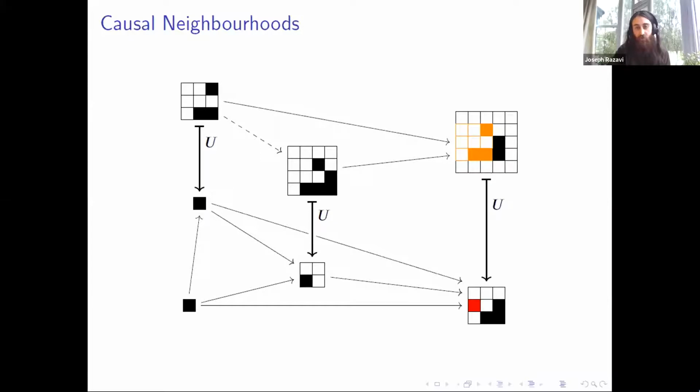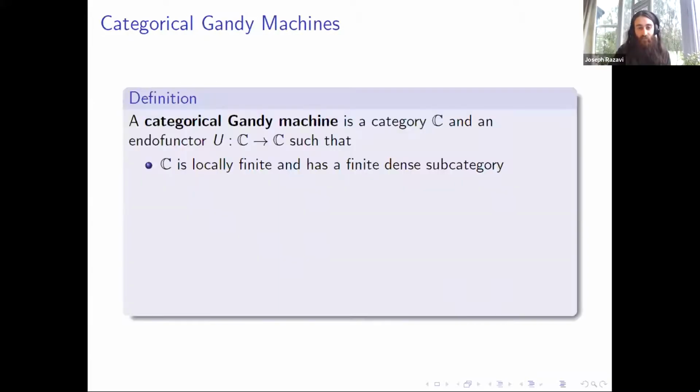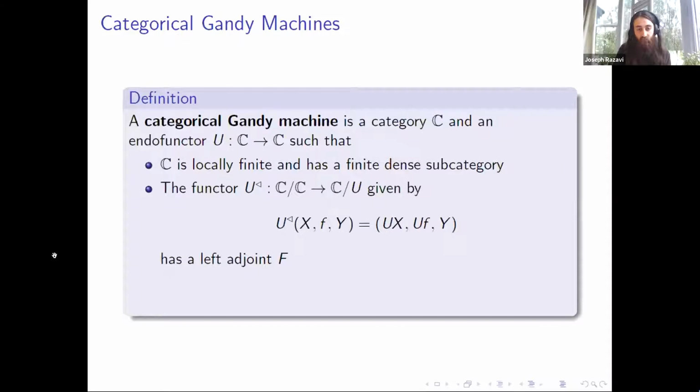So let's go back to our unfinished definition. That was the part we had before, and we can now fill this in. We ask that this functor, which I call U triangle, I'm not sure if it has a standard name, maybe somebody can tell me, goes from the comma category C over C, so the objects are just morphisms in C, to C over U, and it just evaluates U. Given f from x to y, it evaluates U on x, but it remembers y.